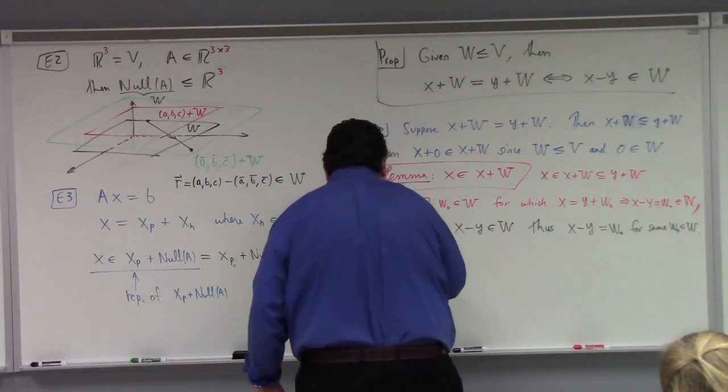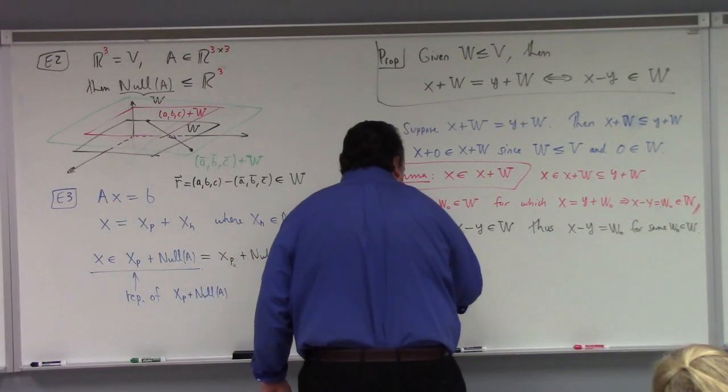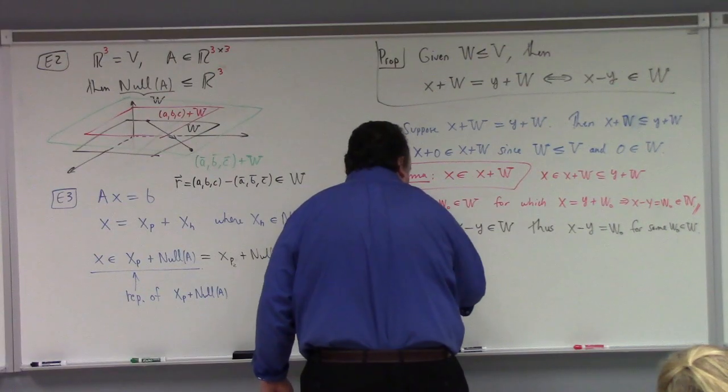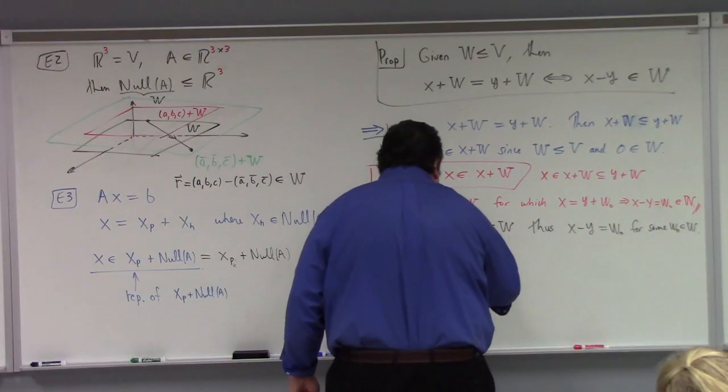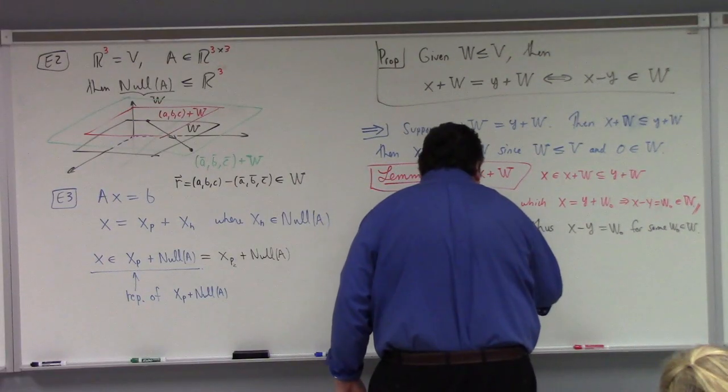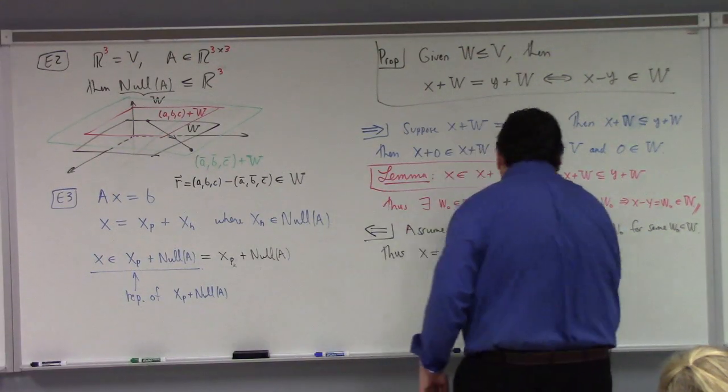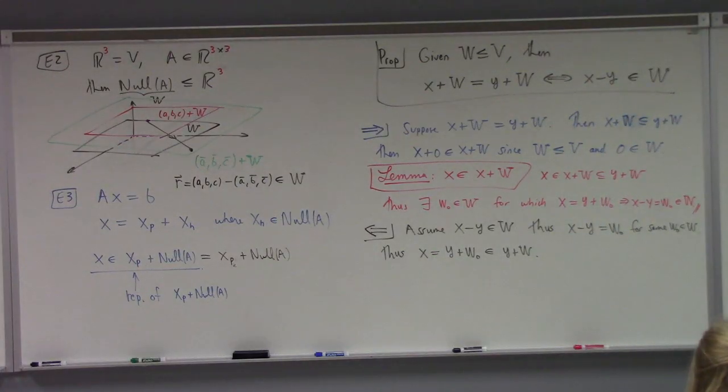Thus, x is equal to y plus w naught, which is an element of y plus W. So we know that. Great.